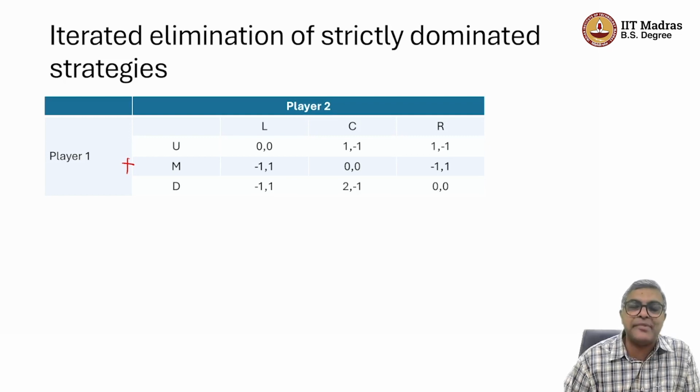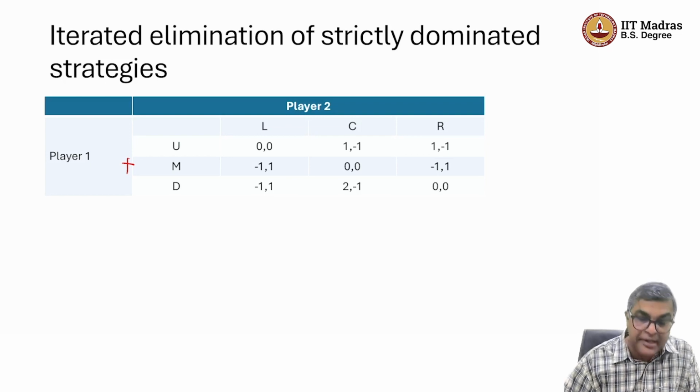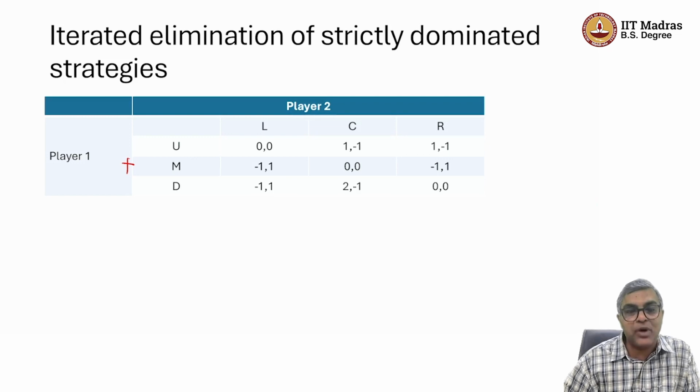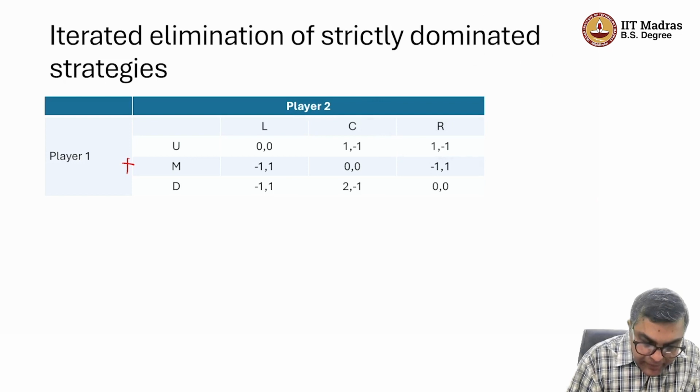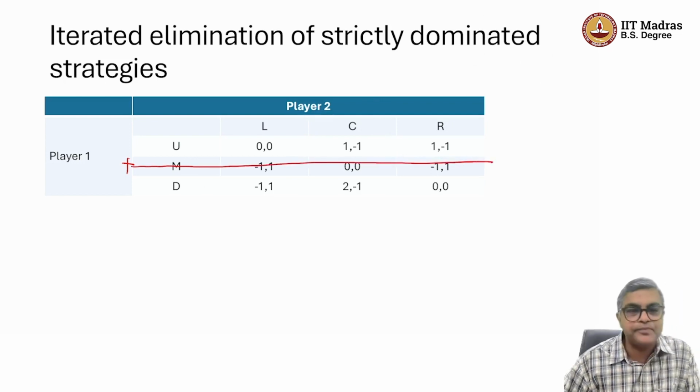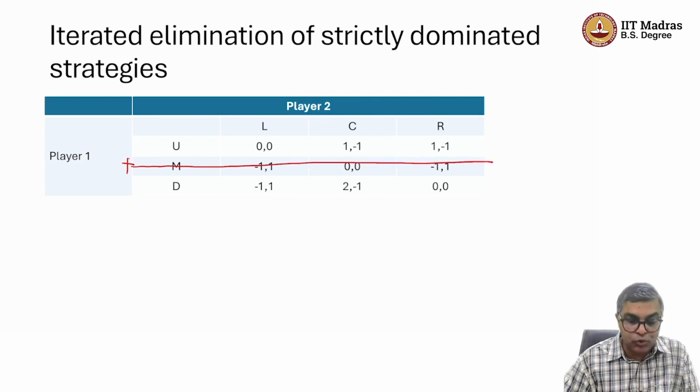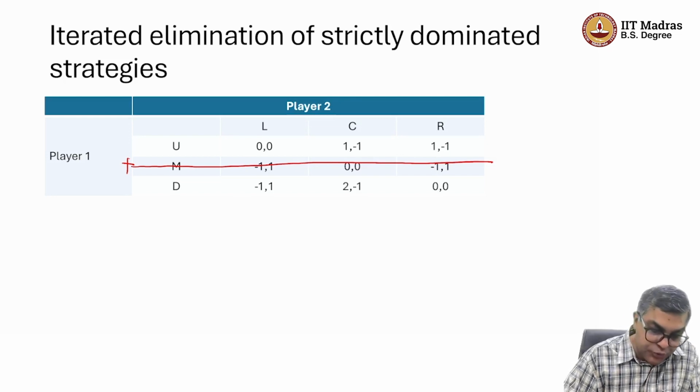Yes, because we have assumed common knowledge, we have assumed way more, because player 2 knows that player 1 is rational and therefore in the presence of U, player 1 will never play M. So therefore we can remove M from this game. Not only is player 1 not going to play it, player 2 also knows that, therefore M can be removed. So now player 1 has only 2 strategies and player 2 has 3 strategies.